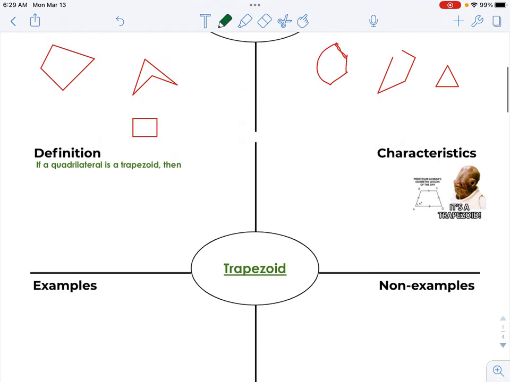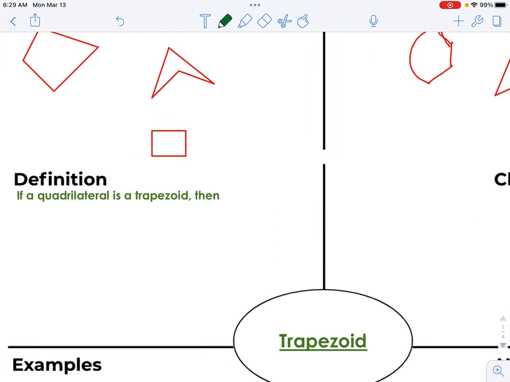Now let's start talking about trapezoids, and trapezoids are the ugliest quadrilateral of them all. If a quadrilateral is a trapezoid, then it has at least one pair of parallel sides.